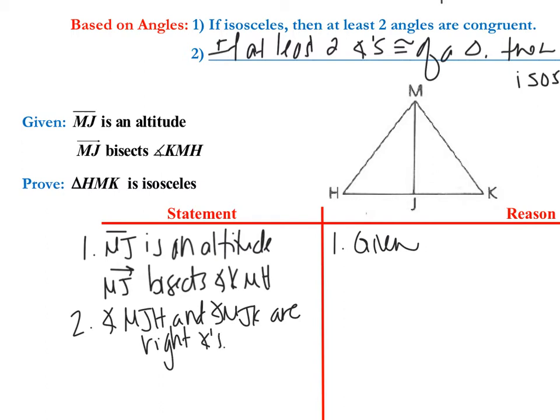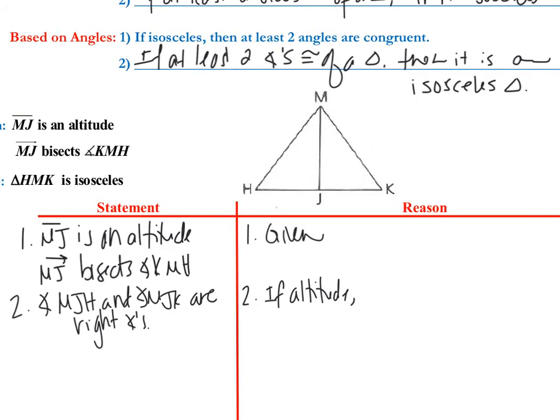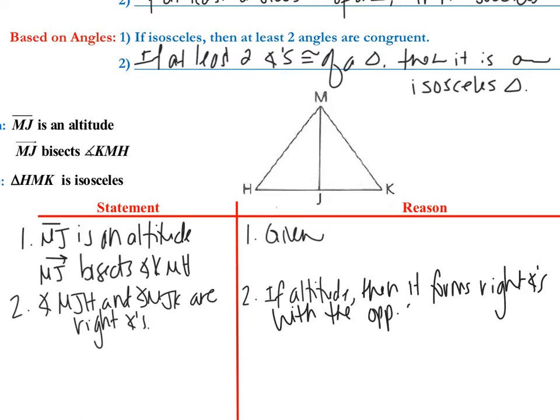And the reason is because if altitude, then it forms right angles with the opposite side.